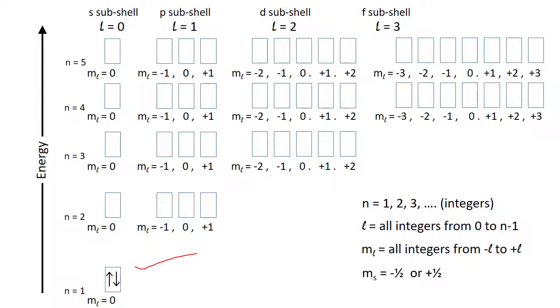Now there's no specific designation that says the up arrow has to correspond to either minus 1/2 or plus 1/2, or the down arrow the other. And if there's only one electron in an orbital, it's pretty typical for the diagram to show an up arrow representing that electron. But again, that's not required. So just understand that these arrows are meant to represent that those m sub s quantum numbers are opposite in sign, but not that we designate either one of them as having a specific value.